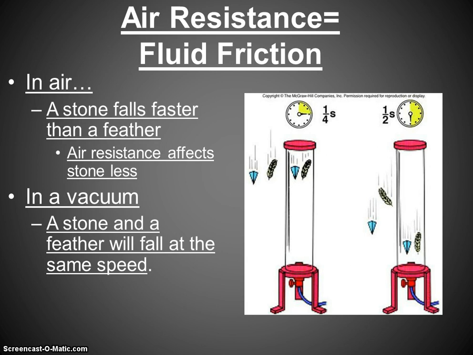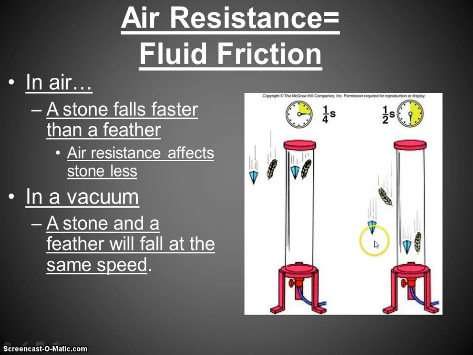So let's talk a little bit about that air resistance, that fluid friction again. Interesting concept if you think about it. In air, if you have a stone and you have a feather, and you drop them when there's air around, obviously that stone is going to fall faster. Because that air resistance, that fluid friction is pushing back on that stone, but it's pushing back on that feather even more because that feather has a wider surface area, and the friction affects that feather more.